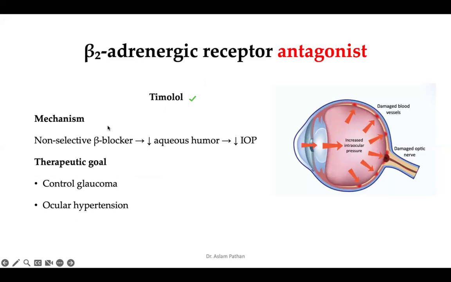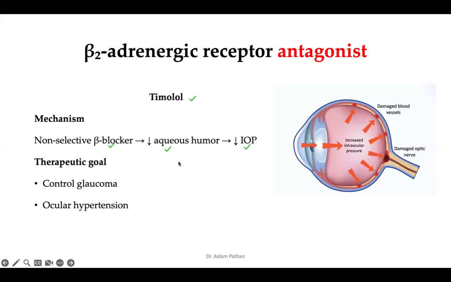Timolol is a non-selective beta blocker. It acts on both receptors, beta 1 plus beta 2, and it decreases aqueous humor production by acting on beta 2 adrenergic receptors in the ciliary epithelium of the eye, which leads to a decrease in intraocular pressure.